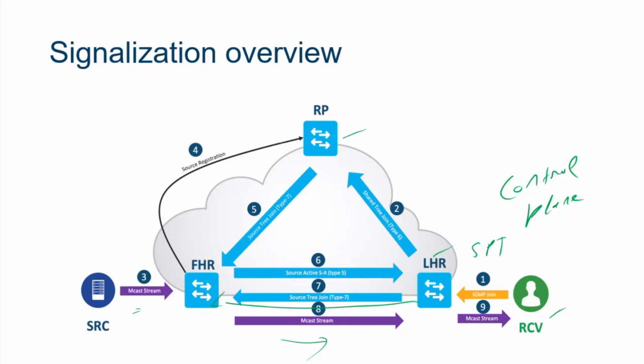The sixth step, right? The source at the message, will it be sent only to, is it like it will be sent to all the devices? Yes. So when a type 7 is received, the FHR will initiate this type 5 route to all the devices except RP.